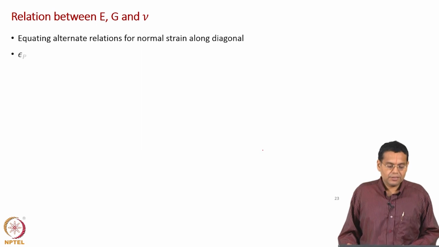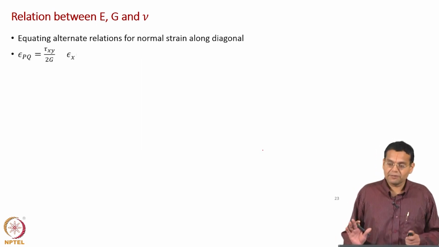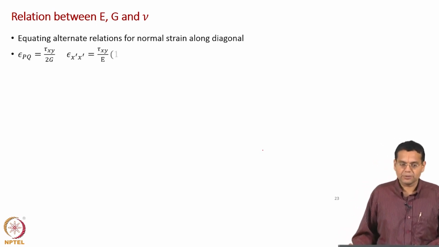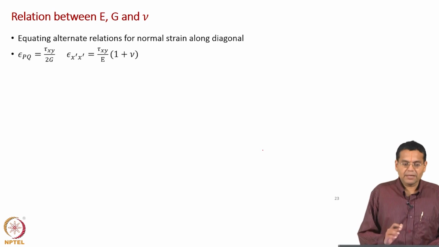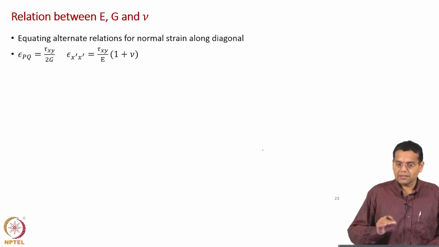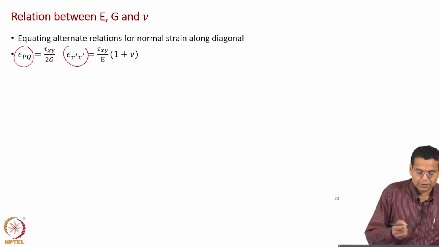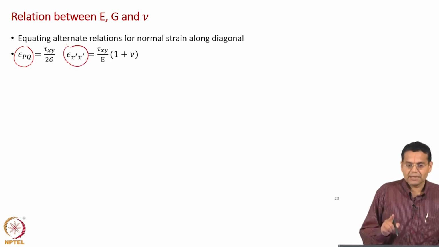First, we found epsilon pq, the nomenclature was epsilon pq, but significance is same, normal strain along the diagonal is equal to tau xy by 2G. Second time the nomenclature was epsilon x dash, physical significance is normal strain along diagonal. Though two different nomenclatures for the two relations, significance is same.